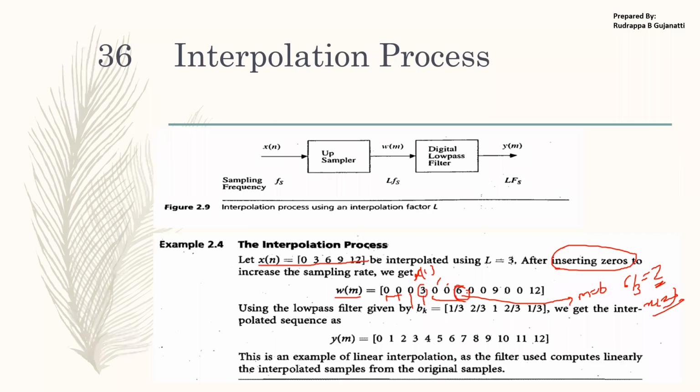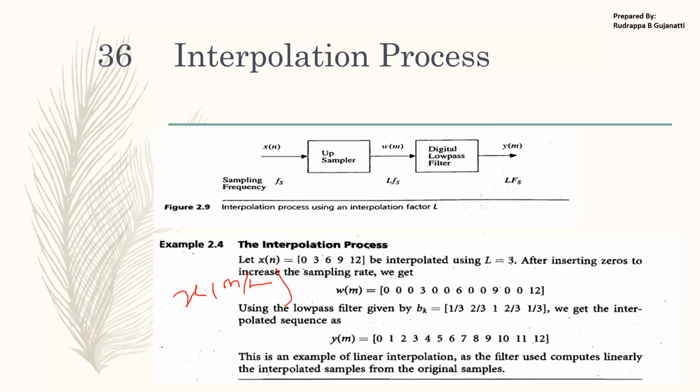Therefore, we have the value 6 represented here. Similarly, two zeros are inserted and the next sample comes over here, again two zeros, and the next sample comes over here. So he has interpolated by inserting zeros. He hasn't taken the nearest neighbors, but still you are using the equation x of m by L. So this is how it is done.